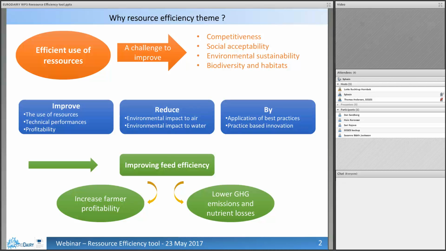And through the application of best practice and practice-based innovation, the aim of the EuroDairy project is to improve the efficiency of the dairy farms in the use of the resources in order to increase technical performance, improve profitability, and reduce environmentally damaging emissions to air and water.